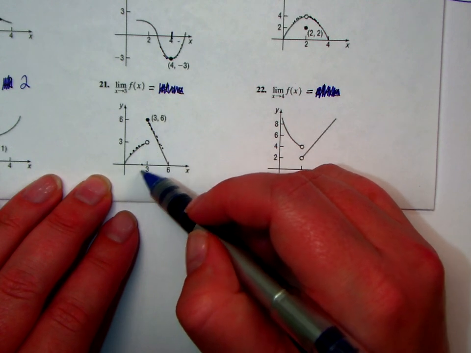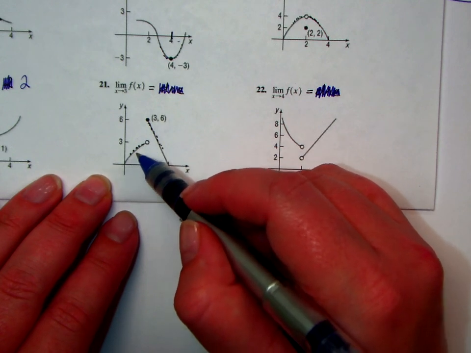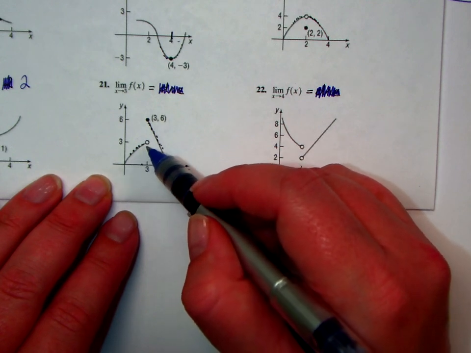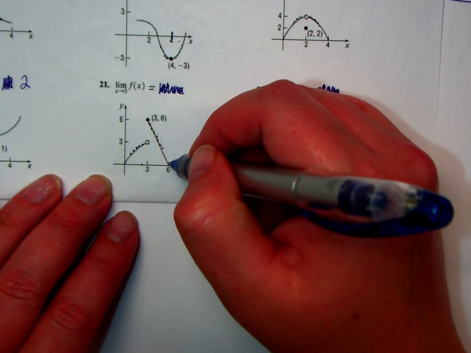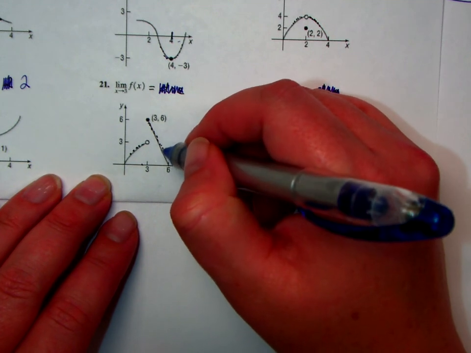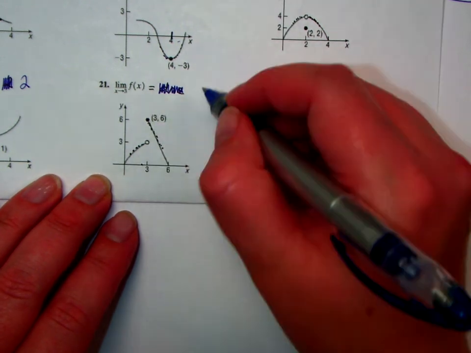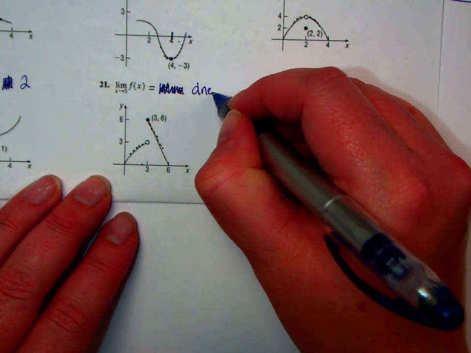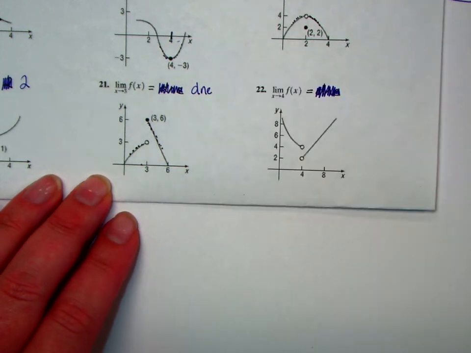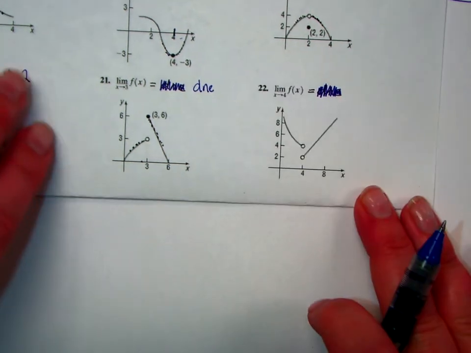And so the closer we get to 3 on the left-hand side, this curve is approaching a function value of 3. So because the right-hand side is going to 6 and the left-hand side is going to 3, we say that this value of the limit does not exist. All right? They have to be approaching the same number in order for the limit to exist.